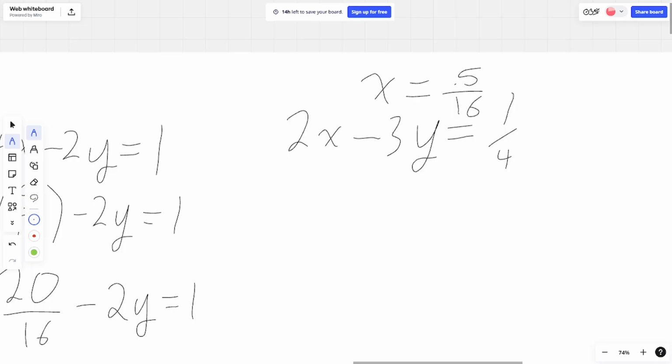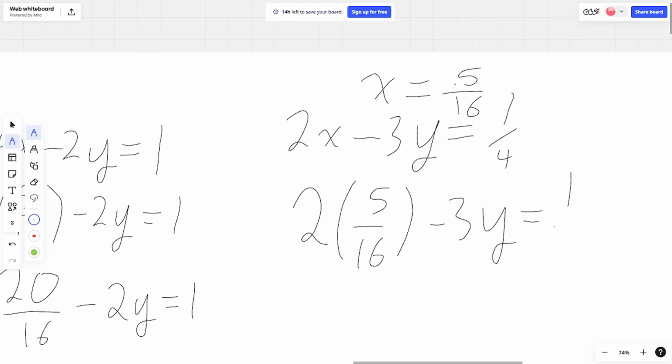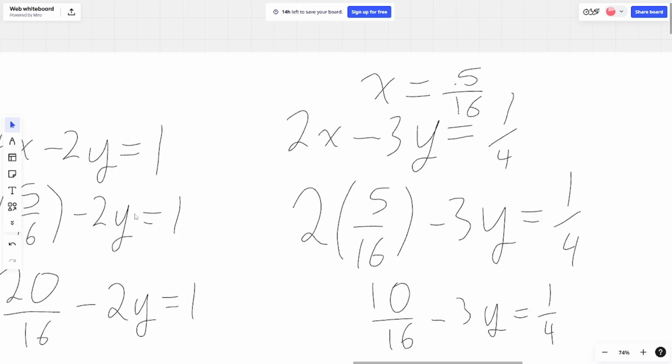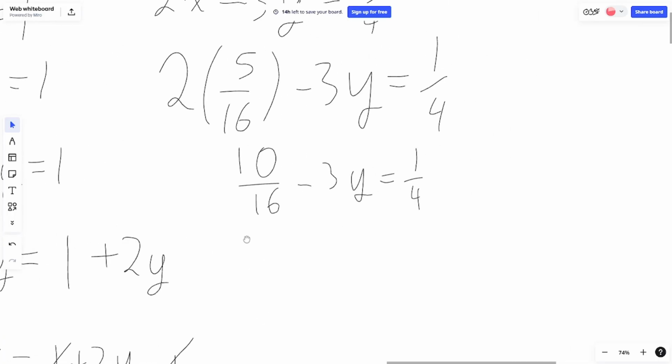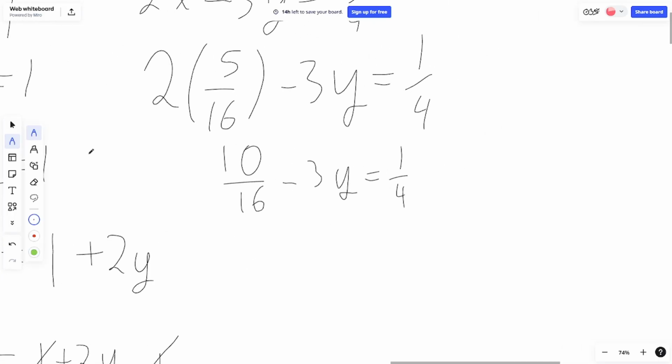Now, all we need to do is have 2 multiplied by 5 over 16 minus 3y is equal to 1 over 4. 2 times 5 is 10 over 16 minus 3y is equal to 1 over 4. Let's simplify our fraction, 10 over 16, which will give us 5 over 8 minus 3y is equal to 1 over 4.